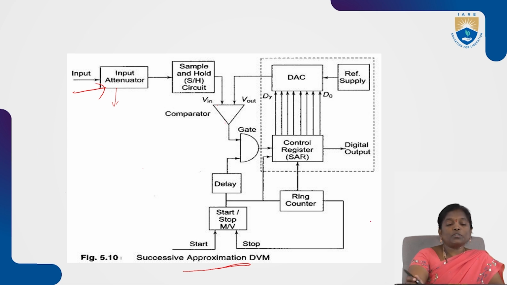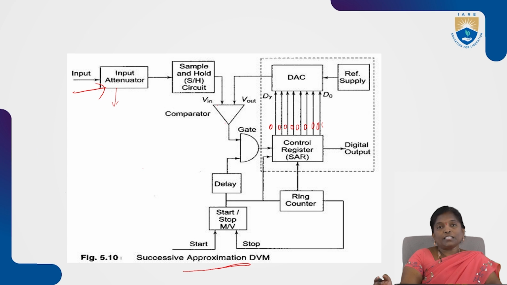The other input we give to the comparator is from the control register. Initially, the data present in the control register is 0. Before starting this operation, we make the data stored in the control register 0.